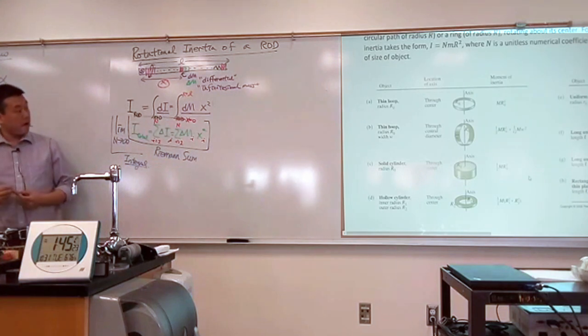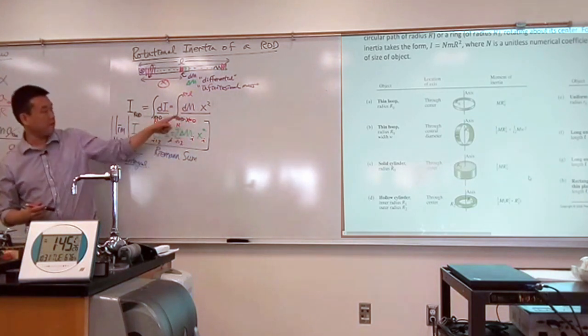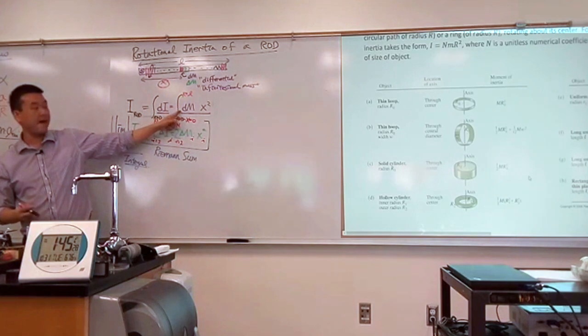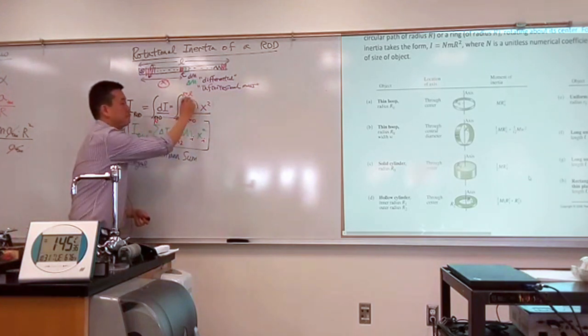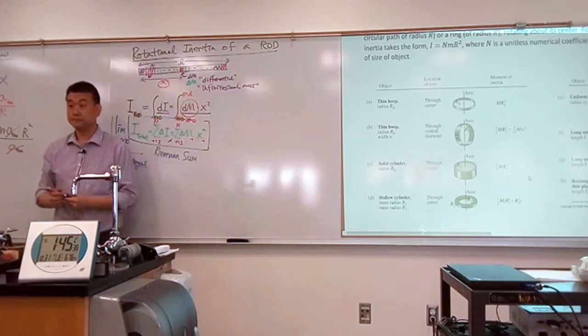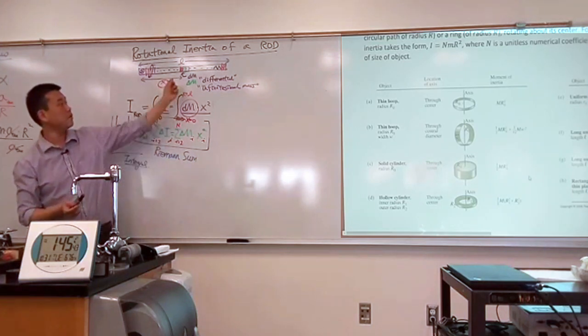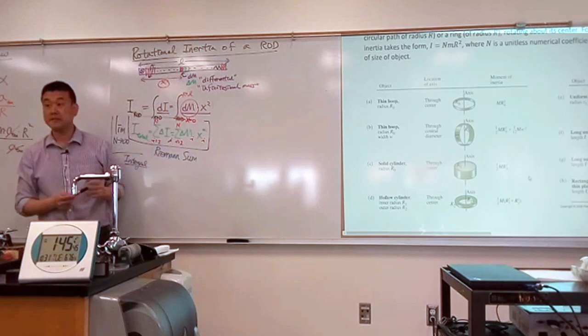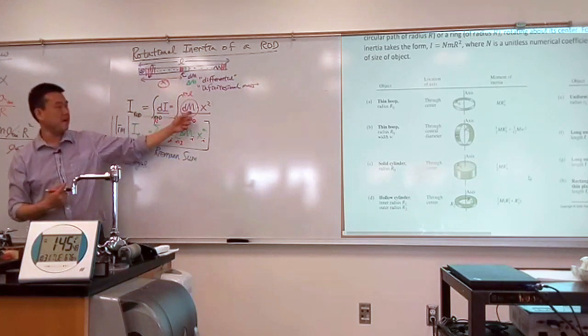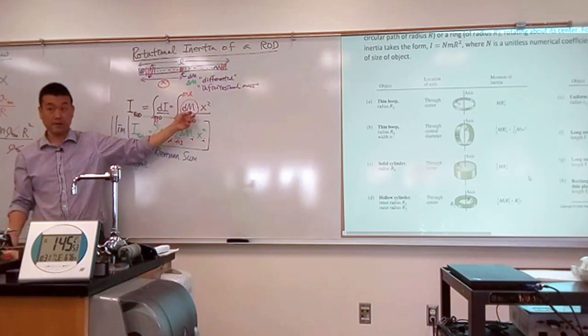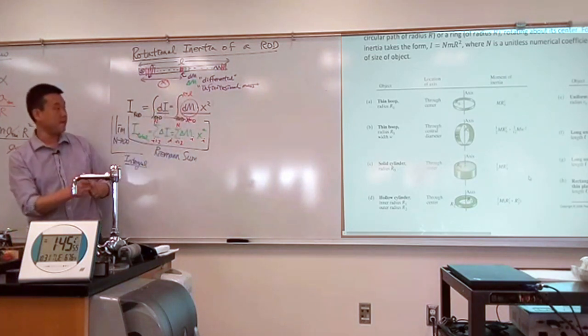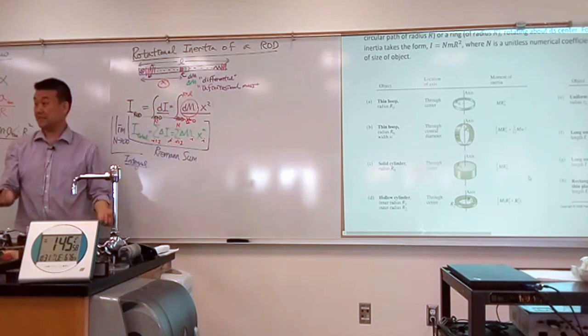Yeah? Now, having decided on that, when I look at this integrand, I see that I have some problematic quantities. x, that's fine. I will figure out how to do that. This dm is a bit problematic. It does indicate how much mass is in this tiny little piece, but it's not in a form where I can integrate, because according to the limit I've set, my variable of integration is x.